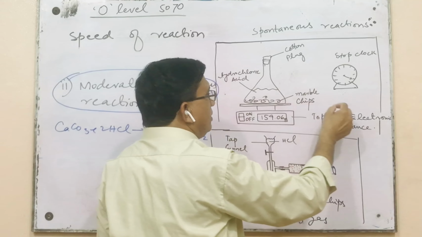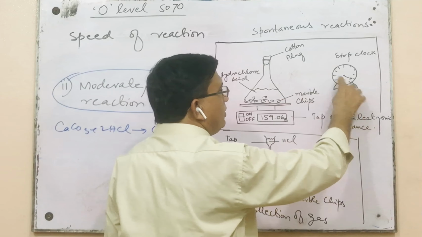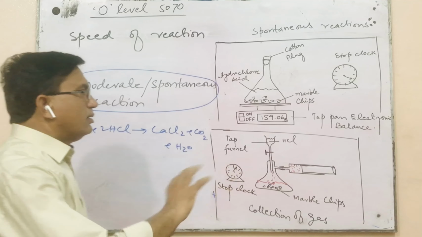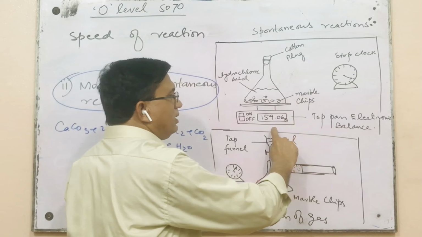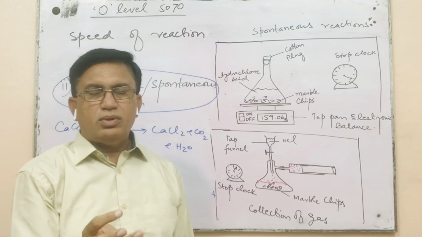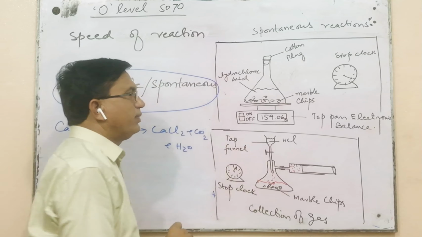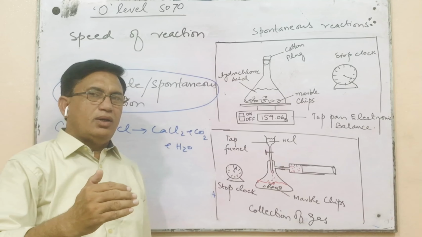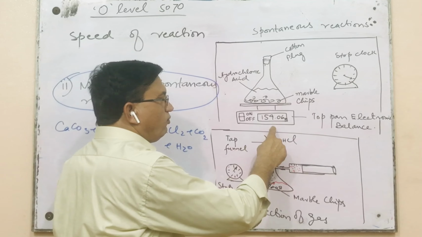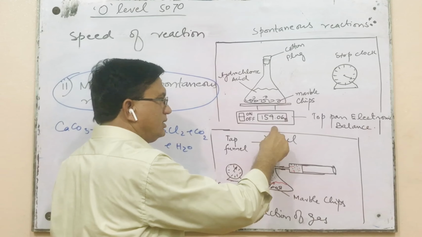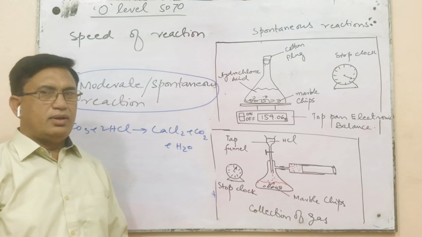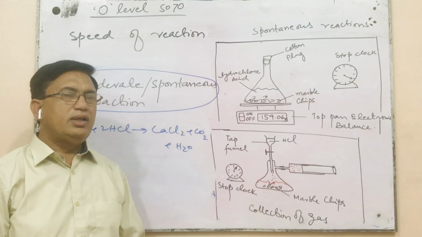At the same time, immediately when the reaction starts, we will also start the stop clock, taking a suitable time interval. Say, we decide to note down the value of change of mass after 1 minute or 2 minutes. We will start noting the reading of loss of mass or decrease of mass, and we will definitely get data with respect to time, the change in mass of the reaction mixture.